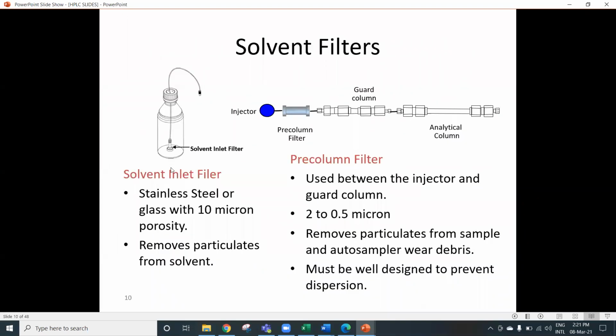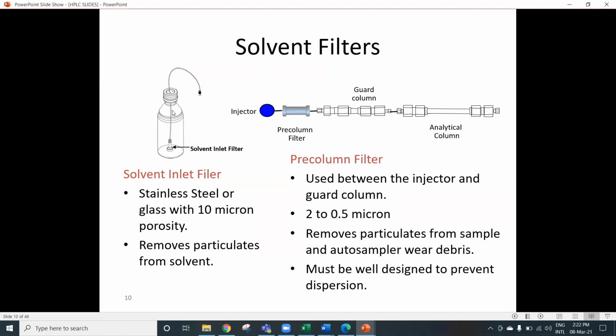So inside your solvent vial, there's a filter, and the filter is usually made of stainless steel, because you don't want any particulates from your solvent to get into your detector. So there's a filter that is usually at the base of your reservoir, that filters what goes into the tubing.